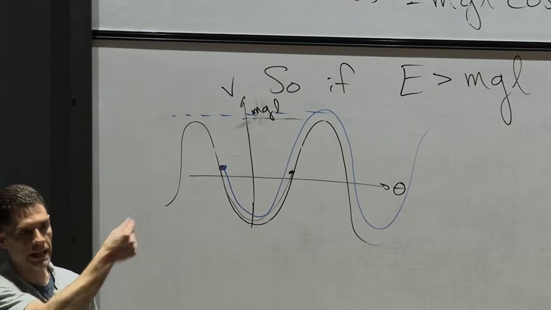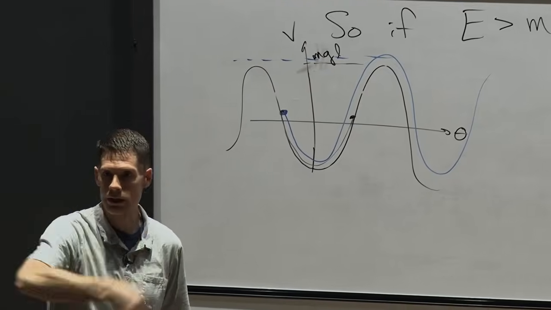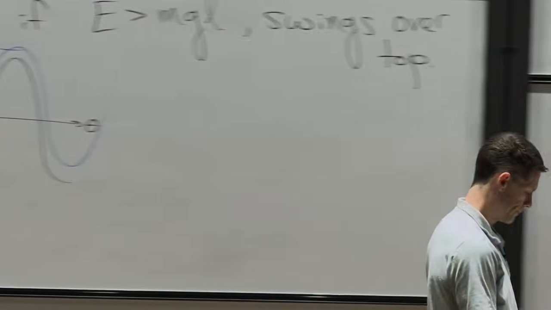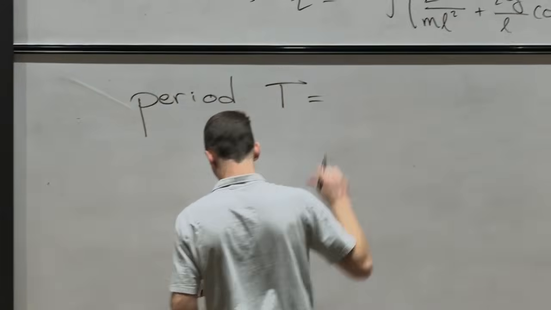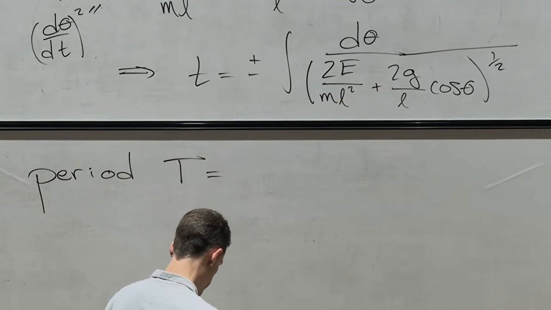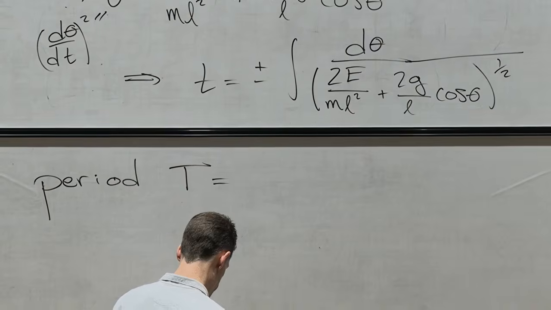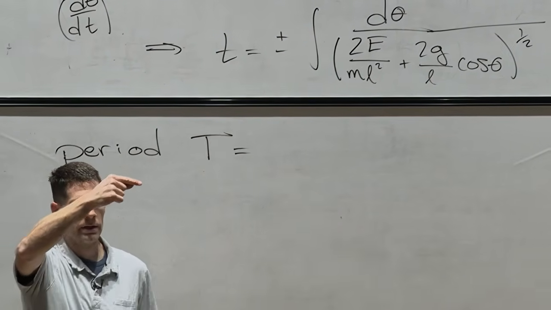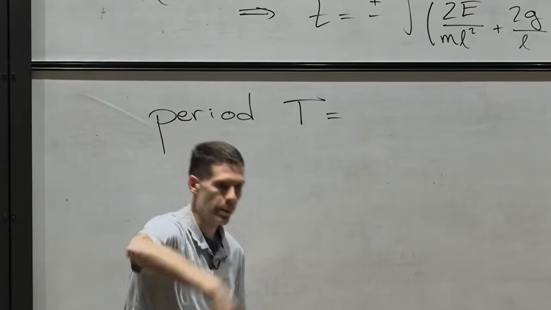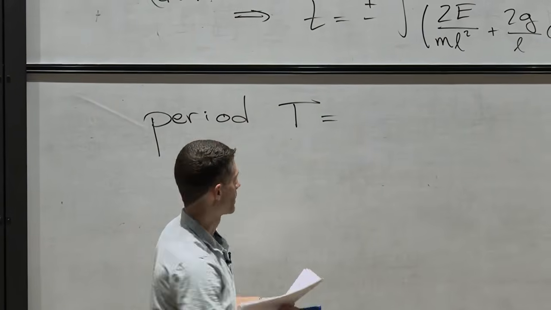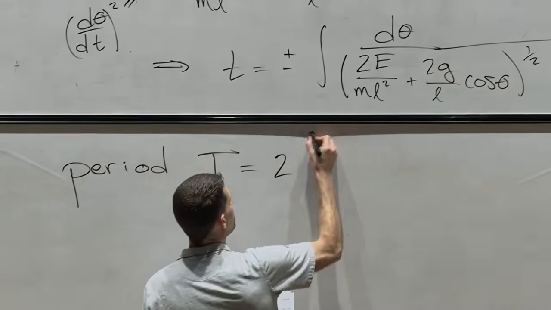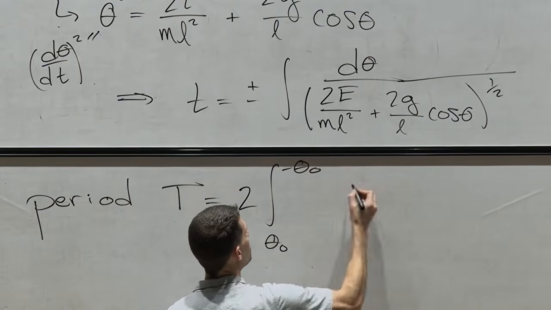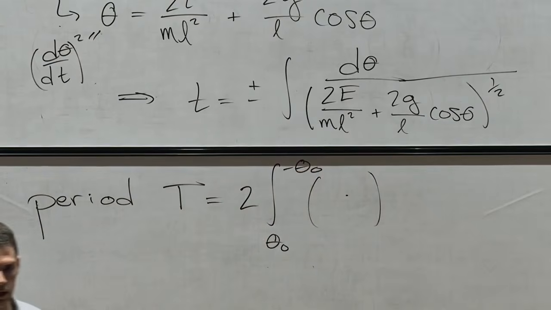So I could write the period as the integral from minus theta naught to theta naught, or from theta naught to minus theta naught. Oh, sorry, that's halfway, right? So theta naught to minus theta naught, and then it goes back to theta naught. So I can write the period as 2 times the integral from theta naught to minus theta naught of that monster.